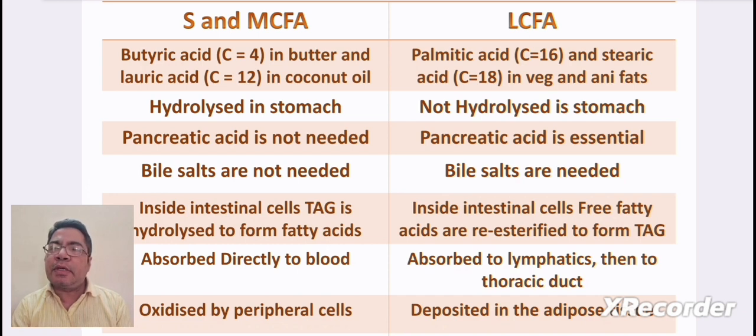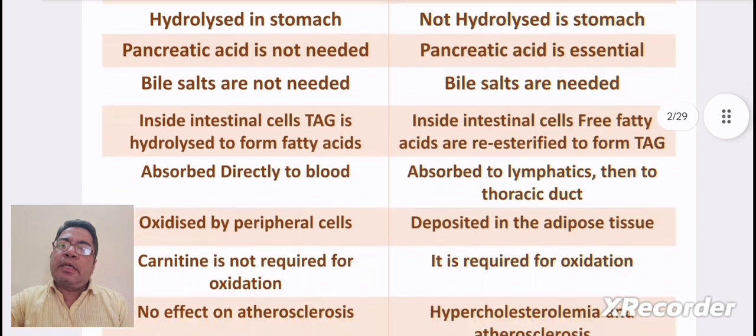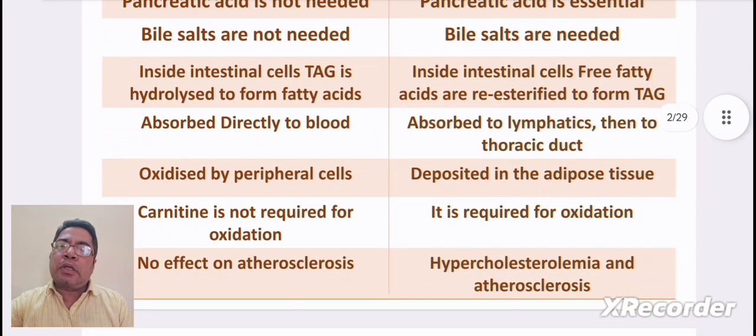In case of MCFA, it is hydrolyzed in the stomach, whereas LCFA is not hydrolyzed in the stomach. In case of MCFA, pancreatic lipase is not needed, whereas in LCFA, it is essential. In case of MCFA, bile salts are not needed, whereas in LCFA, bile salts are needed.